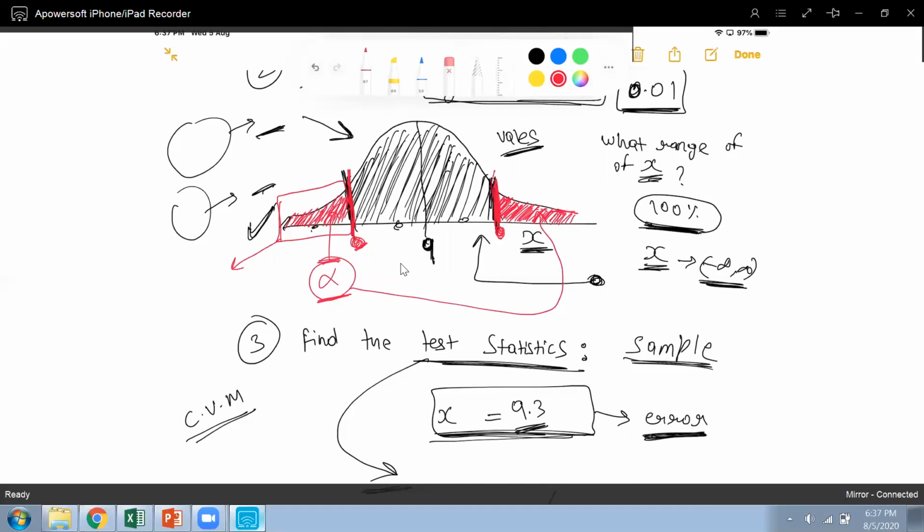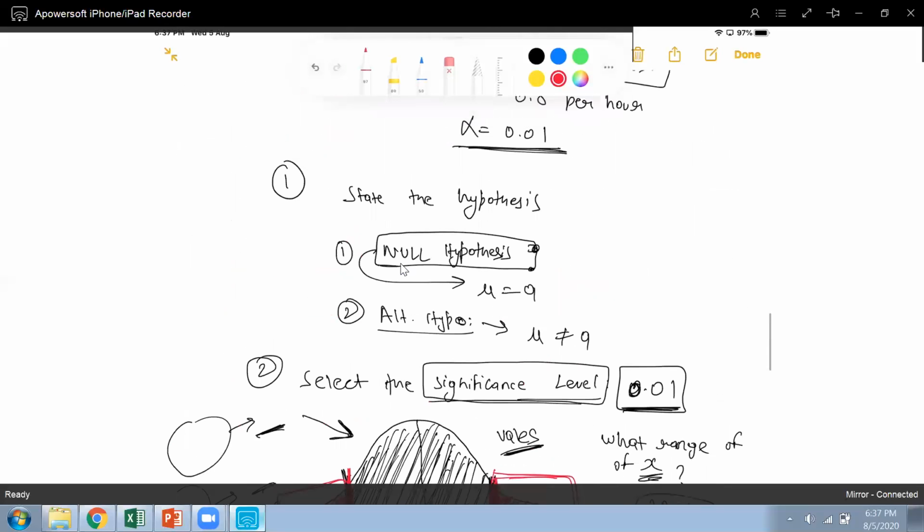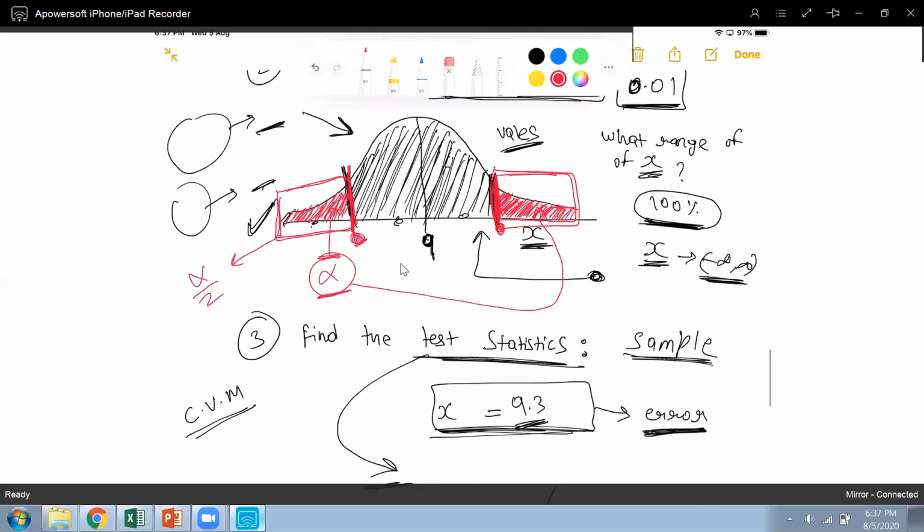Alpha basically contains the area of both these regions, right? So this will be alpha by 2. What is alpha over here? Alpha is 0.01. So 0.01 by 2, that is 0.005. So this is the area of this part.